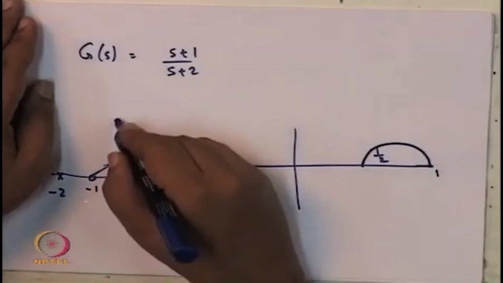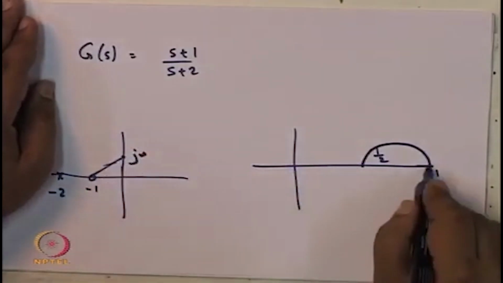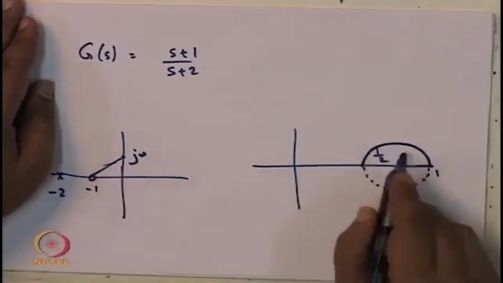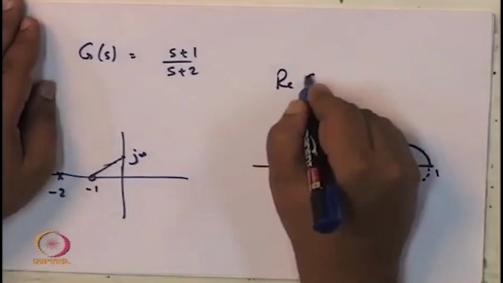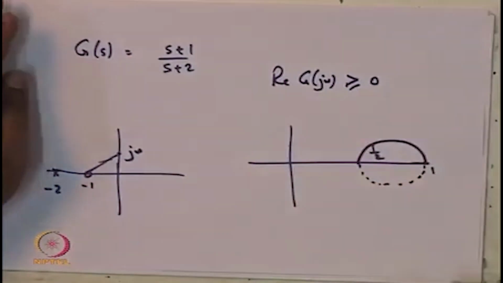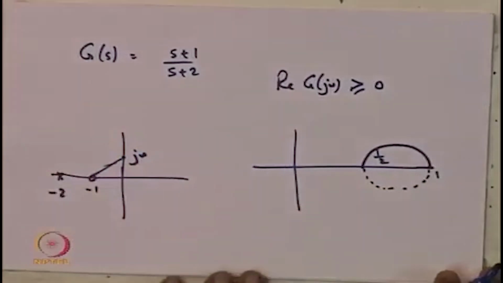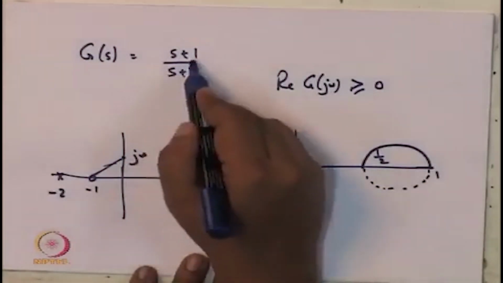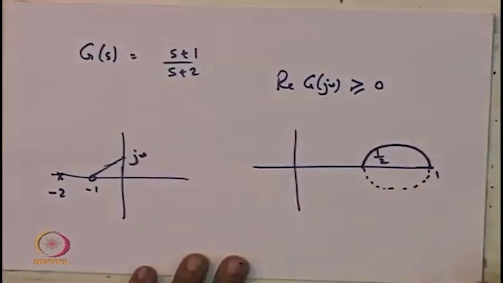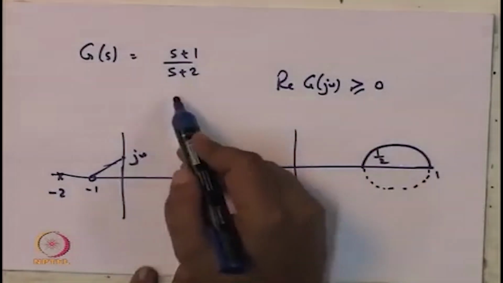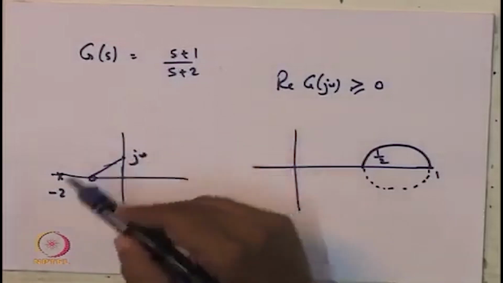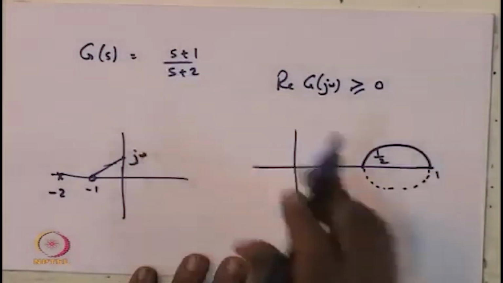And then when you look at the rest of it, this is what you get. And so, it is clear that the real part of G(j omega) is greater than or equal to 0. Okay. So, by that definition, this transfer function is positive real. Of course, if you also put in the fact that it should be stable, well, this transfer function is also stable. Therefore, by both the definitions, this transfer function is positive real.